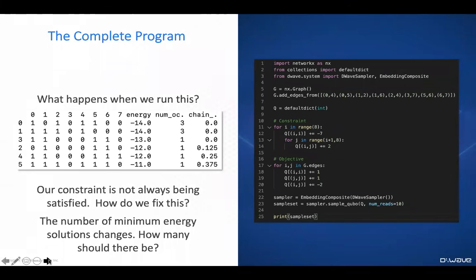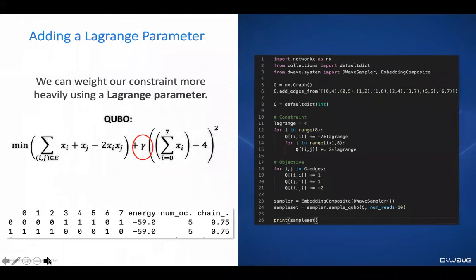I should probably think about this a little further. And let's go on. What we have forgotten, it turns out, is this Lagrange parameter that I talked about before. Remember how in the QUBO there was that funny thing, gamma, that I needed to put in to weigh the constraint.